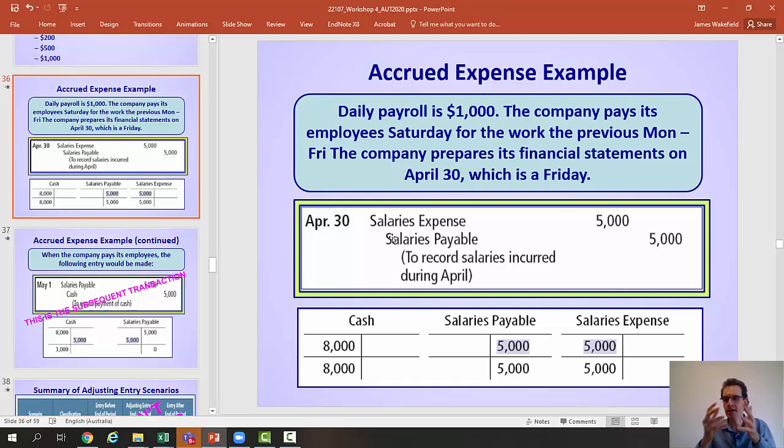So accordingly, you need to record the adjusting entry just for that gap between when it was last paid, which was last Saturday, and what you owe employees but is unpaid at the end of the financial period, so that you can recognize what the total expenses are for the period and what the liabilities are outstanding at the end of the financial period.